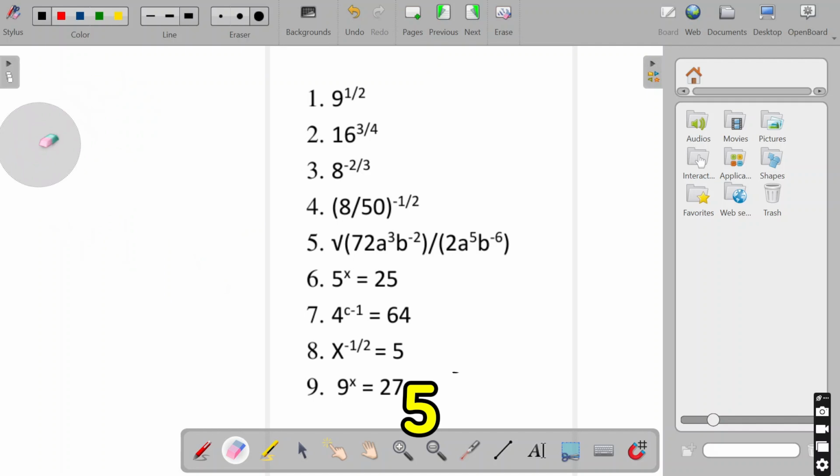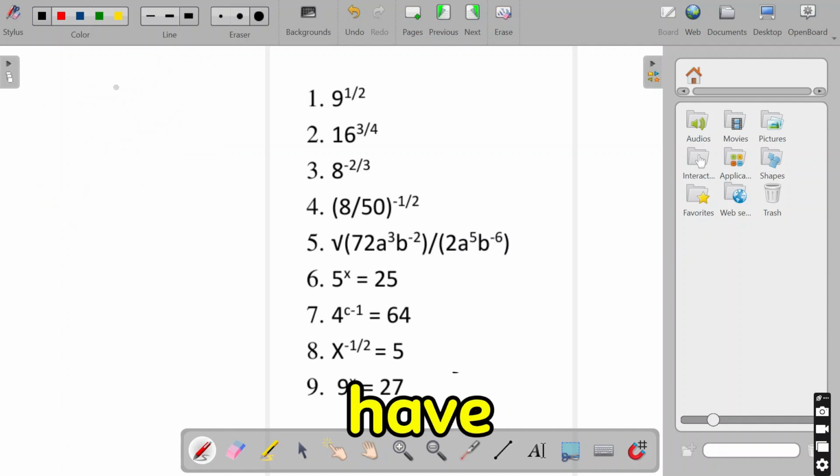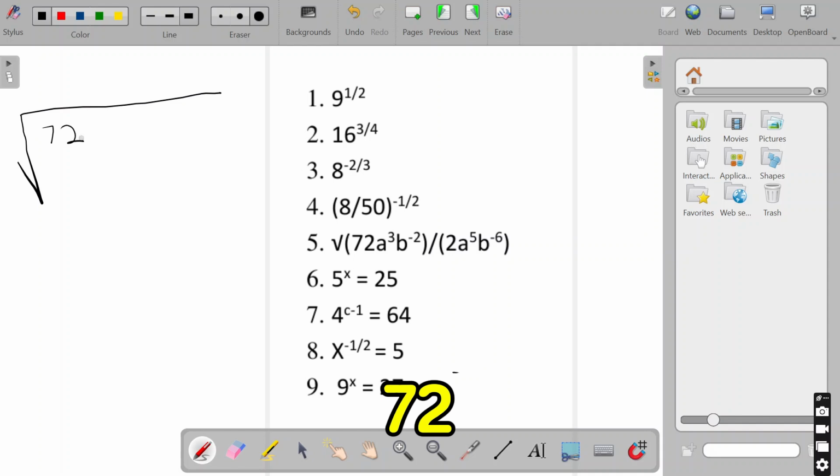Number 5. So we have a bigger square root sign, something like this. So we have 72a cubed b raised to power minus 2 divided by 2a raised to power 5 b raised to power minus 6.